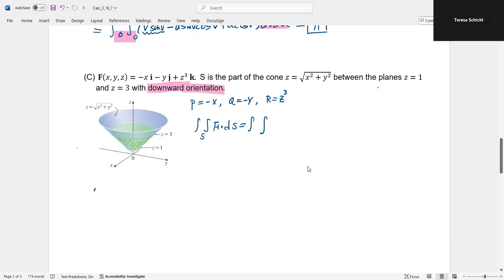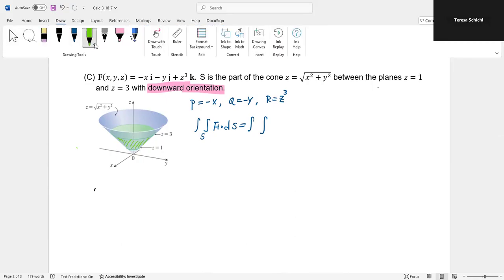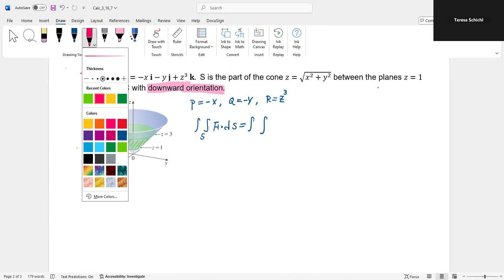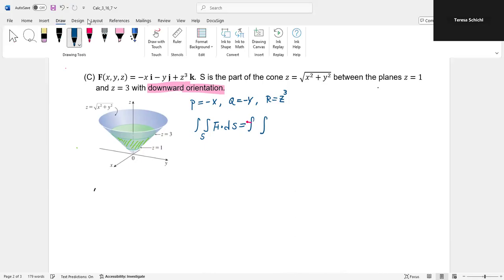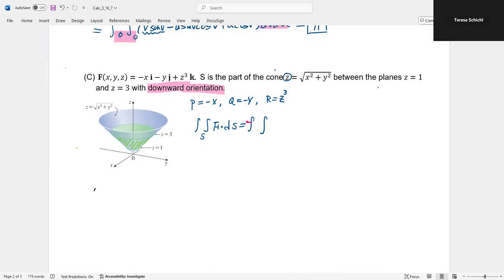Be very careful because this is downward, so my integration is going to have a negative sign here. Then z is equal to this, which is my g(x,y) function.